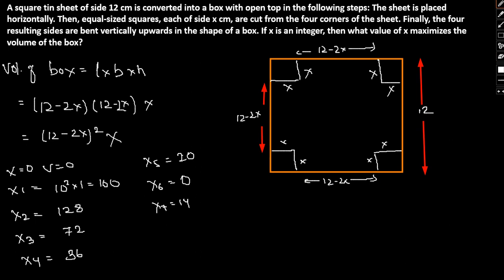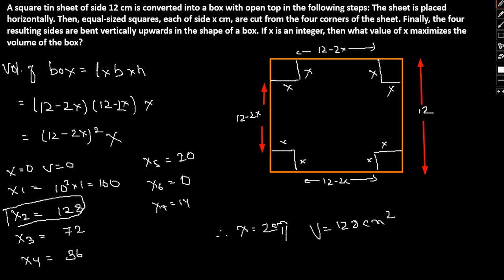So basically the highest value that we have seen is for x equal to 2. So the value of x for which the volume is maximum is x equal to 2, with the maximum volume being 128 centimeter cube.